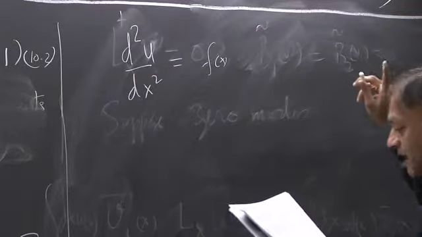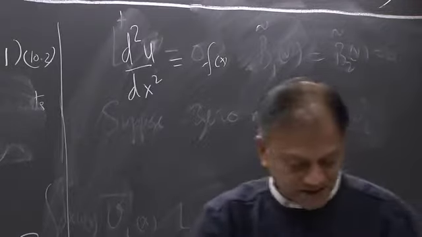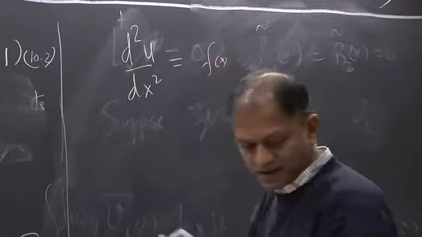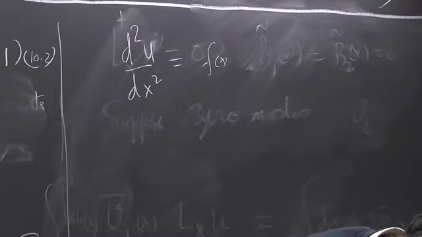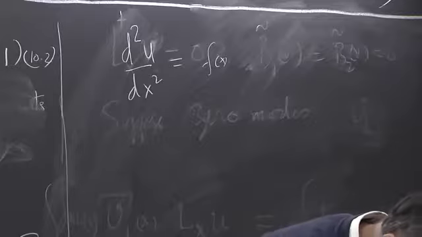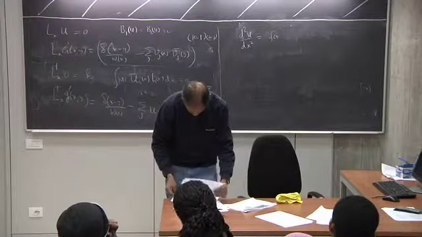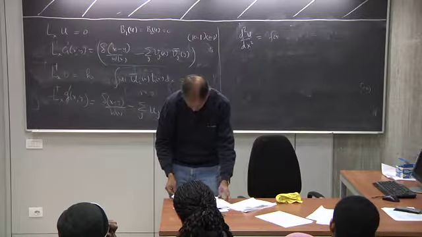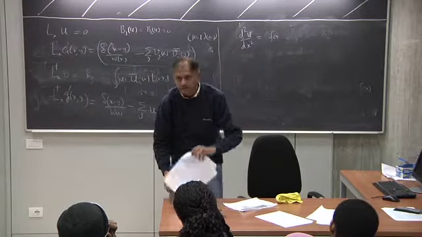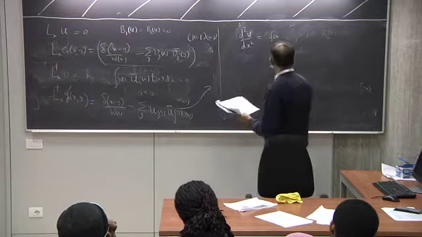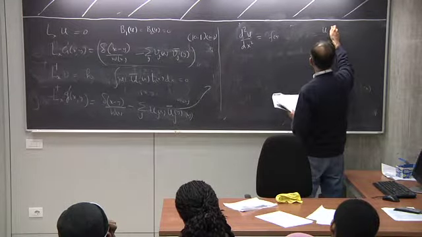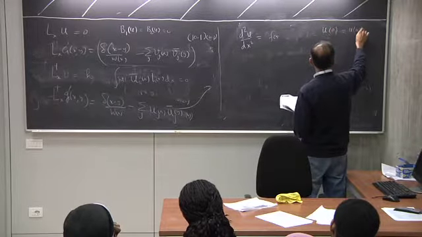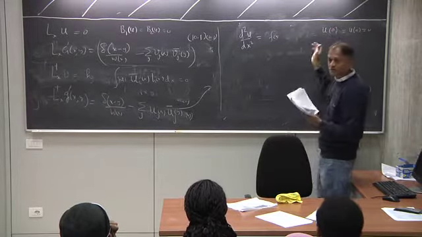And the boundary conditions now, you see, in the previous section, the boundary condition we used was, I think, Dirichlet. Yes, it was a Dirichlet boundary condition. We had used the boundary condition u at one endpoint equal to u at the second endpoint equal to 0, right?